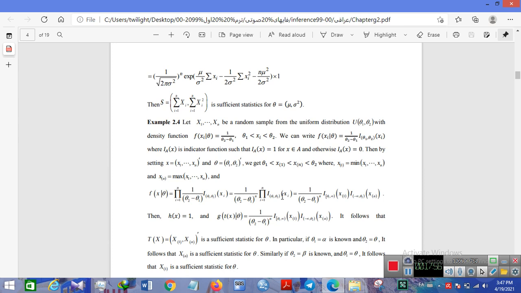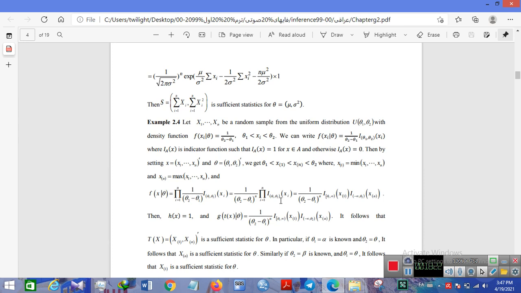If you look at that, I_(theta 1, theta 2)(xi) equals 1 or 0. The product is 1 if all values of I(xi) equal 1, and 0 if one of them is 0.